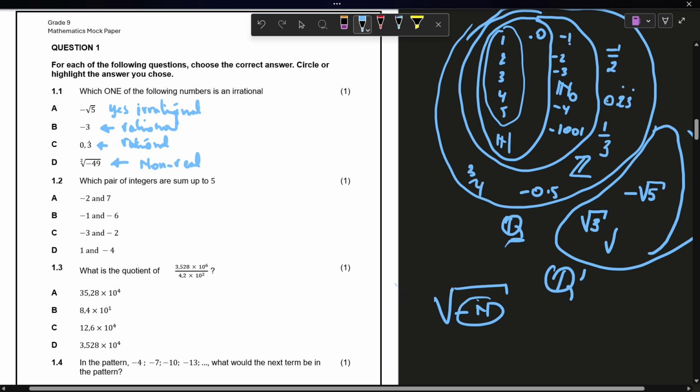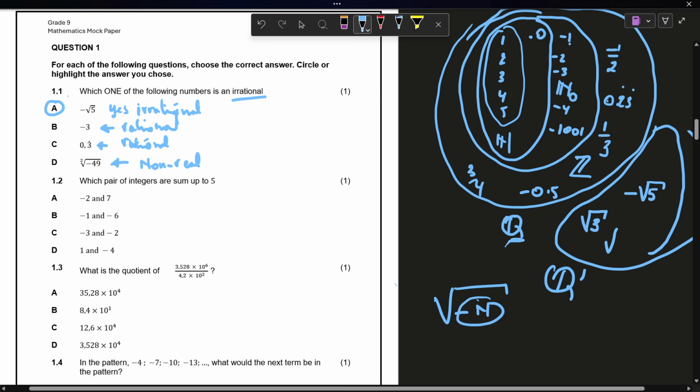It's never going to work. It doesn't exist. You can try with your calculator, it's going to say error. I'm going to explain all that in detail, but here we're just solving. So the question was, which one of the following numbers is irrational? It is A, so we can circle A.